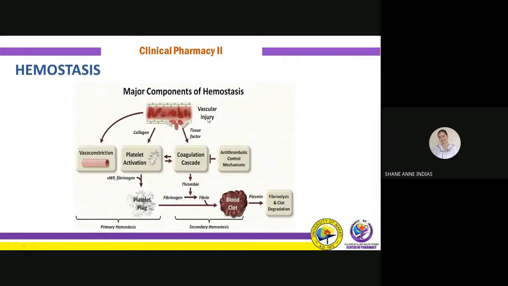So, ito po yung summary, yung sinabi ko kanina na major mechanisms ng hemostasis. So, as you can see, with the presence of vascular injury, automatic ang initial mechanism talaga ng blood vessels natin is vasoconstriction para malimit yung blood loss.